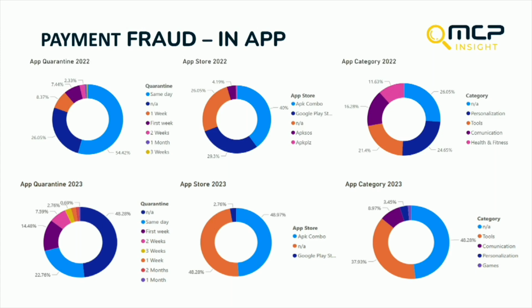In terms of the App Store's APK combo, that's all third-party stores other than Google. But the interesting takeaway here is in 2022, you can see 30% of the APK files were perpetrated on the Play Store.